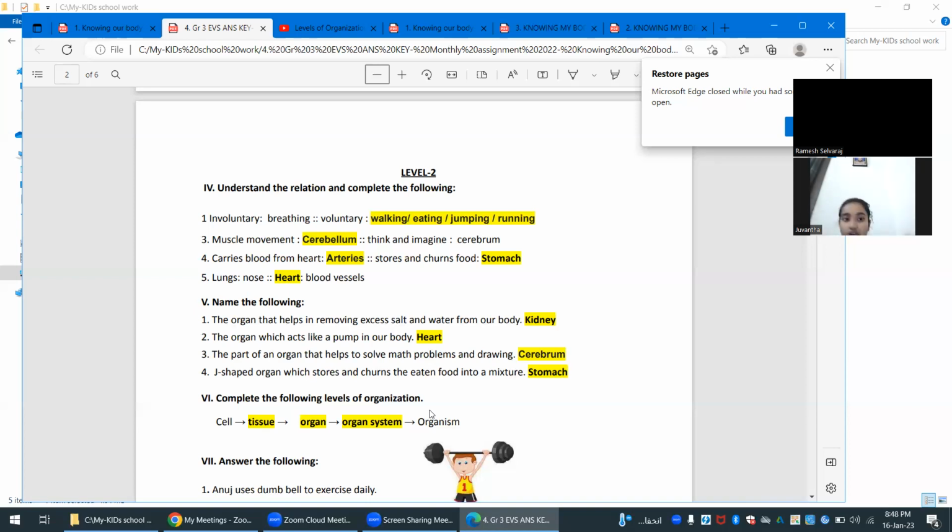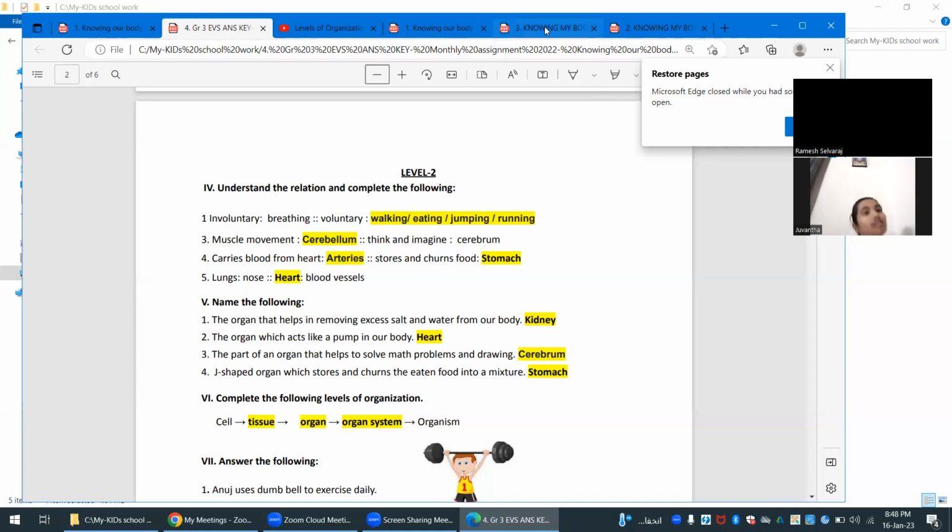And which part of the brain helps us to speak and think? Is it medulla oblongata or brainstem? No, is it helping us to speak? Cerebrum is helping us to speak. The medulla oblongata just helps us with digestion, breathing, right? Yeah.